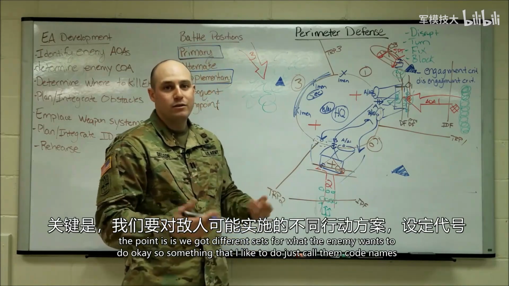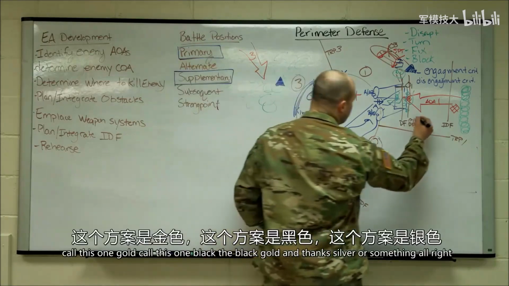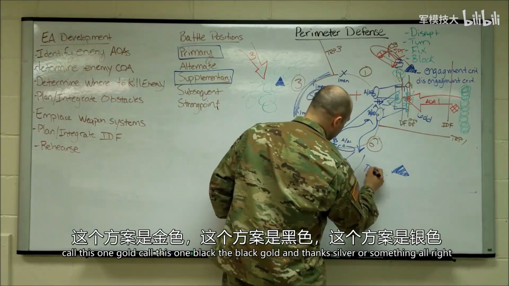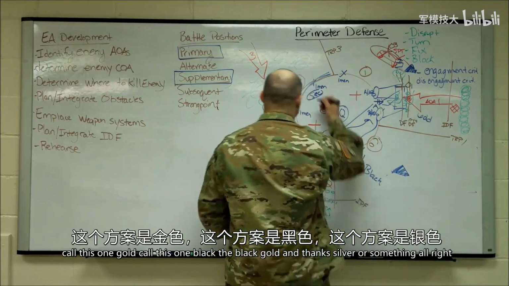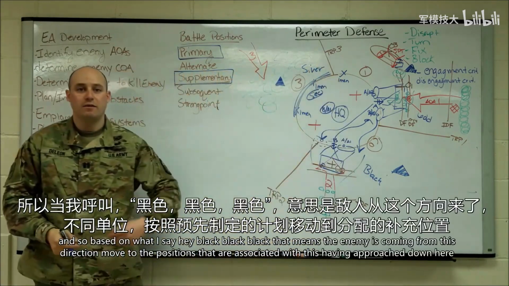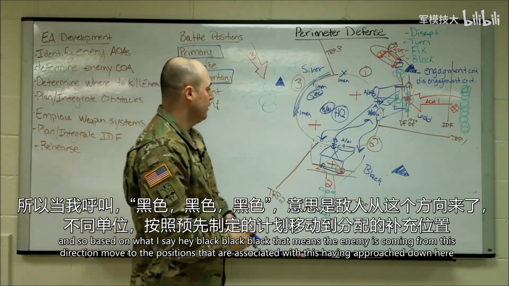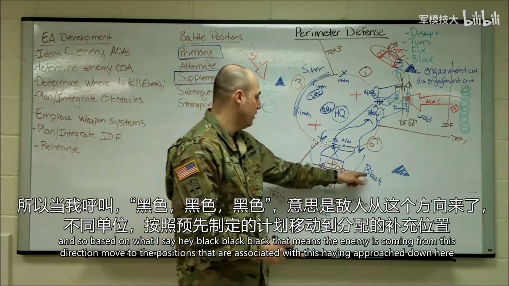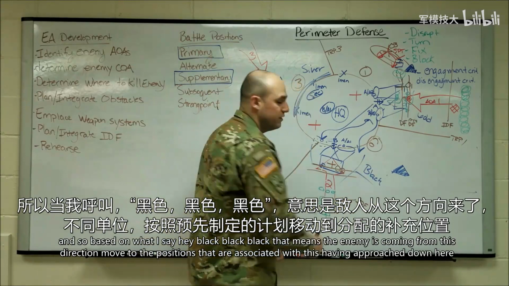So something that I like to do, just call them code names. Call this one gold, call this one black, and like silver or something, all right? And so based on what I say, hey, black, black, black, that means the enemy is coming from this direction, move to the positions that are associated with this avenue of approach down here.